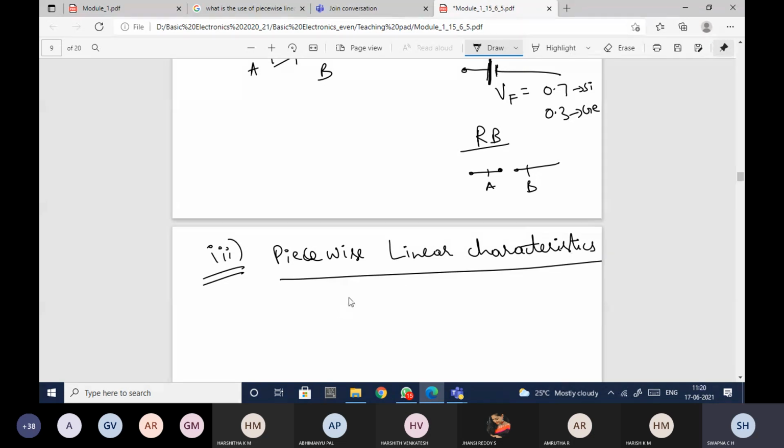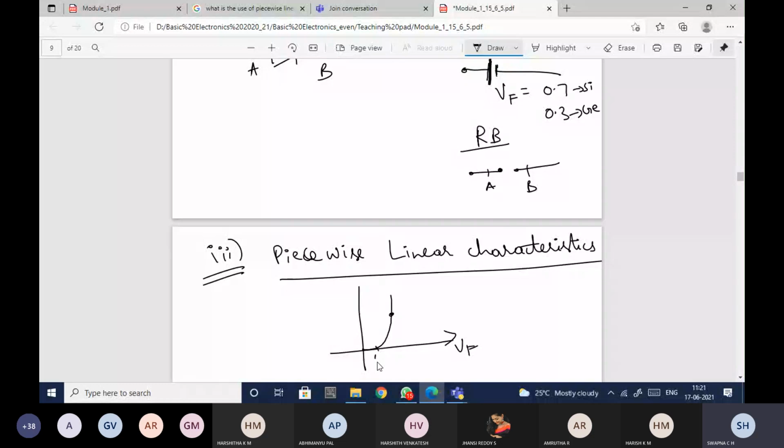Let me consider that there are forward diode characteristics like this. From this I can find out for what value of V, what value of current I'm getting. Let me consider this is 0.7.